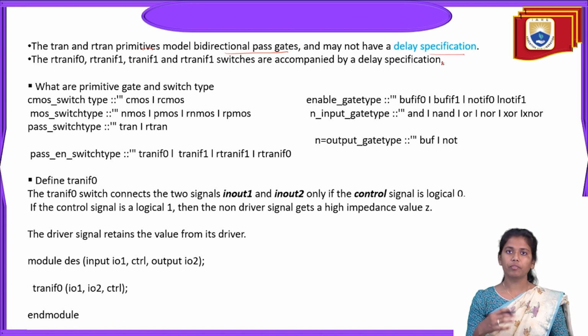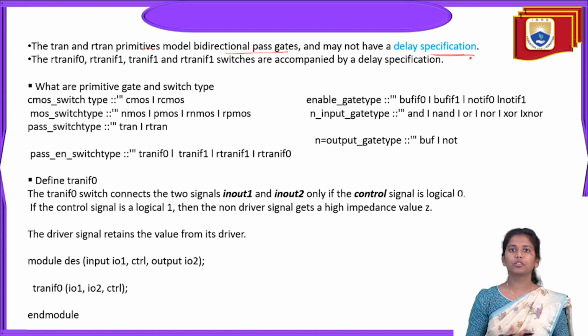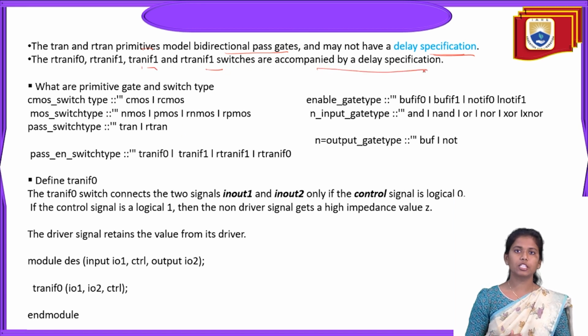So if a gate is constructed with the help of a tran or rtran switch, it may not have a delay specification. There is no need to represent delays. Delay specifications cannot be observed in the tran and rtran primitives. But rtranif0, rtranif1, tranif0 and tranif1 switches are accompanied by delay specifications.